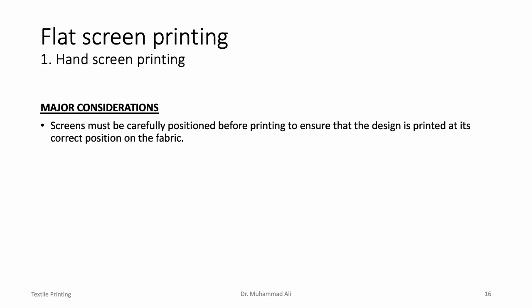If it's not done, then the print will not be deposited exactly where it is desired. And this is known as design registration. So if a print is exactly where it is desired, we say that the design registration is correct. If it's not, then we say that in the printed article there are design registration problems.